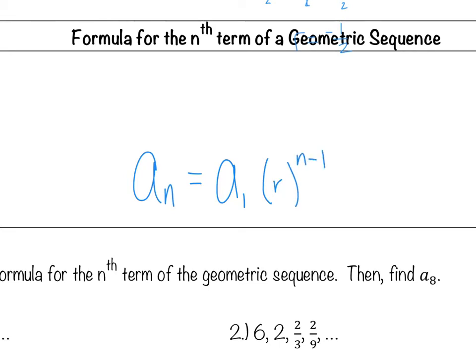A couple things here. We already know a sub n is what the answer would be. We should by now be pretty good at identifying a sub 1, which is the first term. r will be that common ratio.